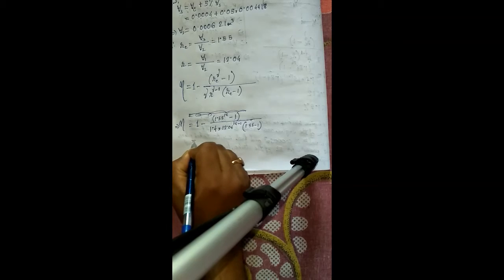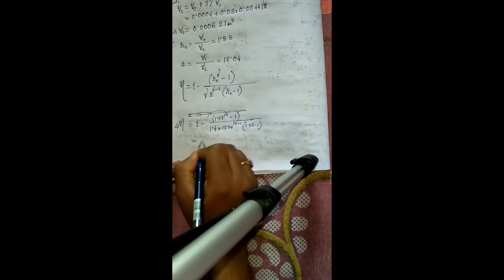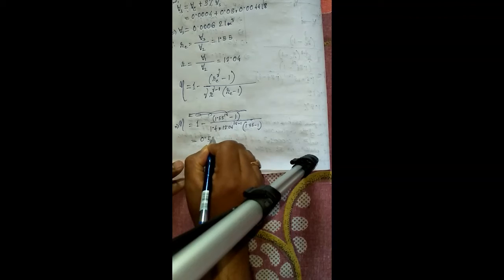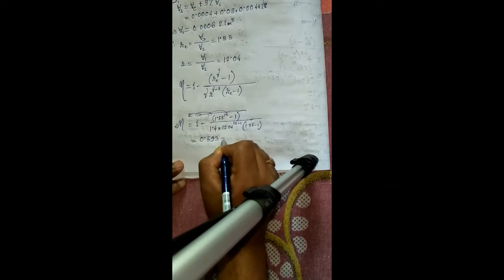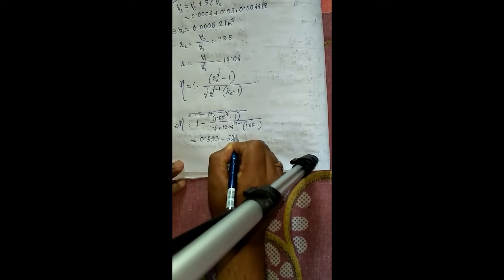So the efficiency is 0.593, that means 59.3%. This is the value of the efficiency.